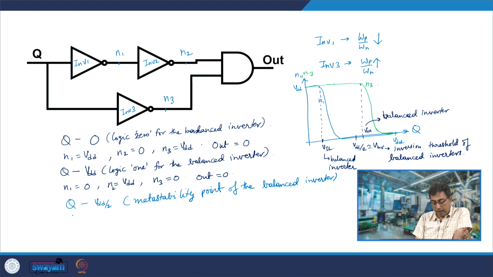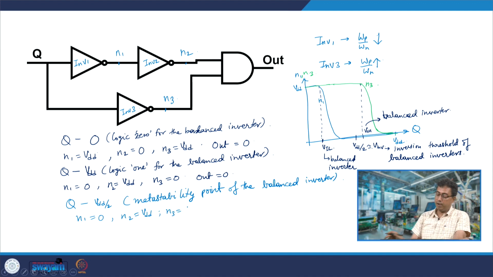So, for inverter 1, this would be interpreted as input logic 1, as we can see. So, N1 would give a 0. Therefore, N2, which is a balanced inverter, would give VDD at the output.